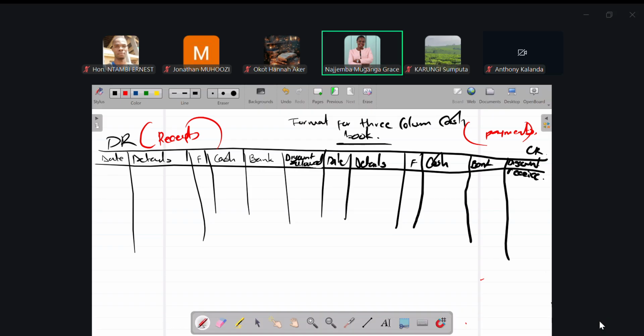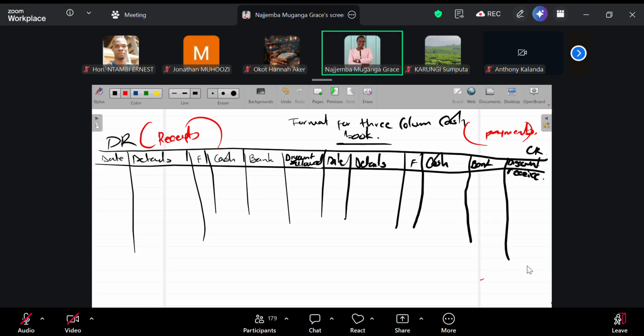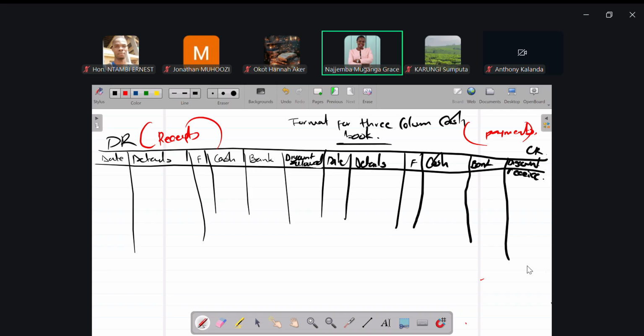Okay, so we are saying that some businesses have business bank accounts. Where a business has a bank account, then they should be in position to monitor the transactions going on in their bank. That is why they come up with the bank column. So you're seeing bank on the debit and bank on the credit. When the business is receiving money through the bank, transactions are posted on the debit.